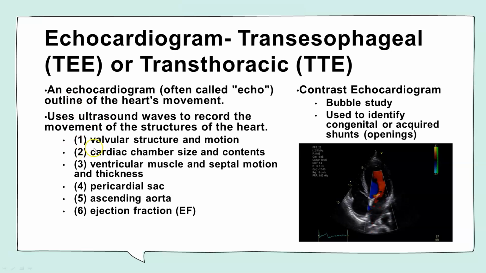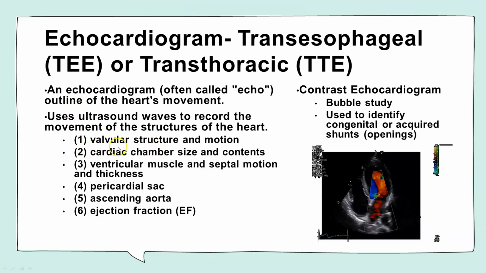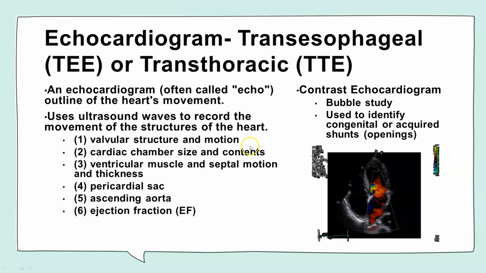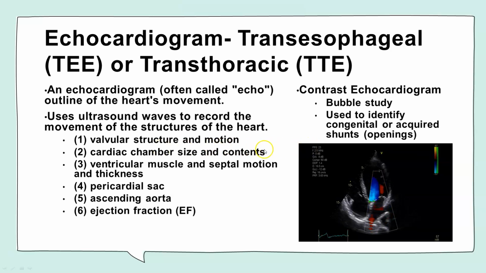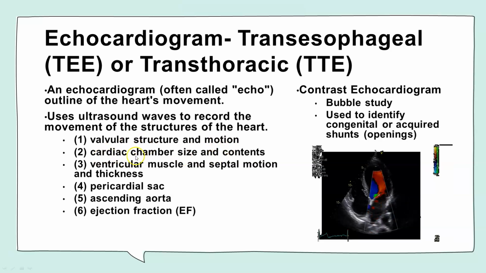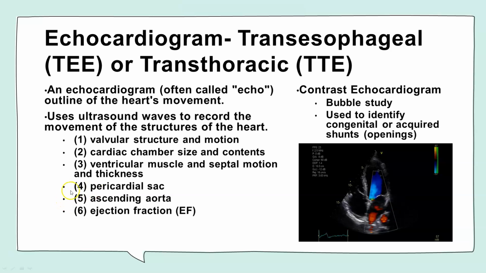We're going to use echoes to look at the valves, the structure, and the motion of blood inside those chambers. So because we're doing that, we're obviously looking at the cardiac chamber size and content. That's going to help me determine a stroke volume or an ejection fraction.